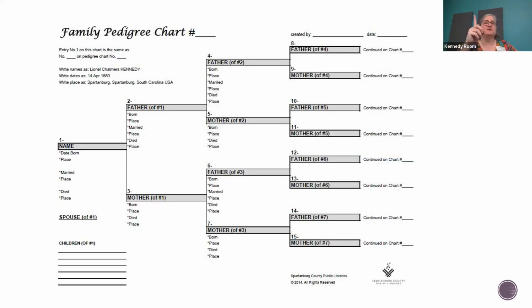You start with yourself on pedigree chart 1, and so that you don't end up with a wall chart that you can't carry around. Once you get to the 4th generation here, it says continued on chart number whatever, and you just move back and forth from the charts on each family line. It's easier to carry around a file folder than it is to carry around the wall chart and unfold and stuff.